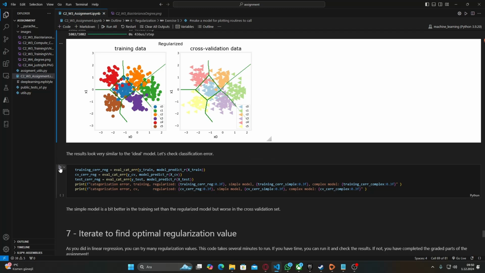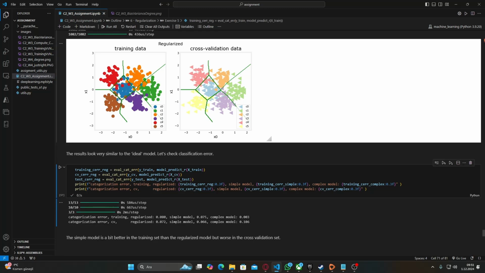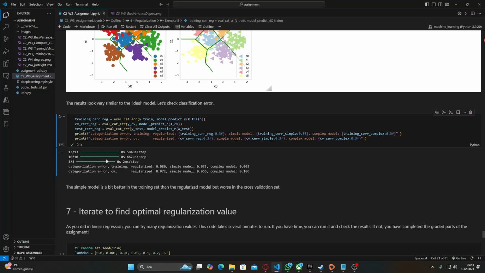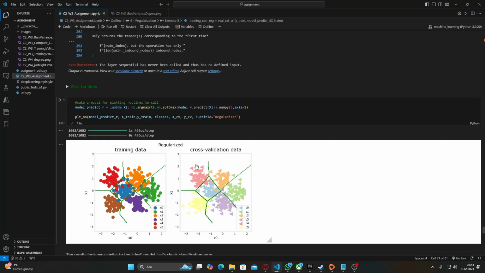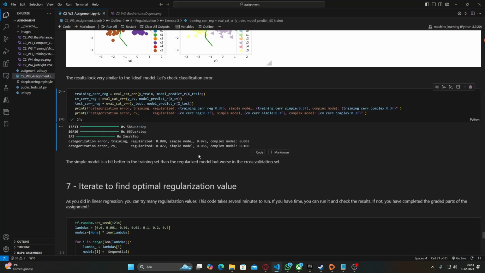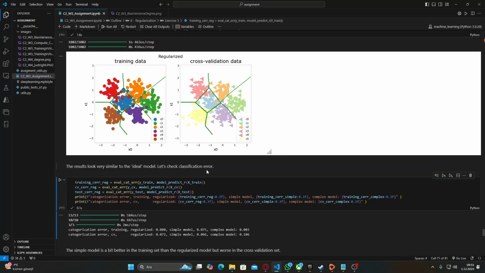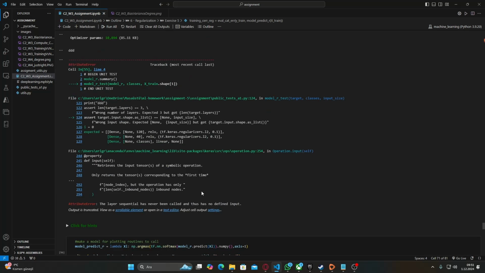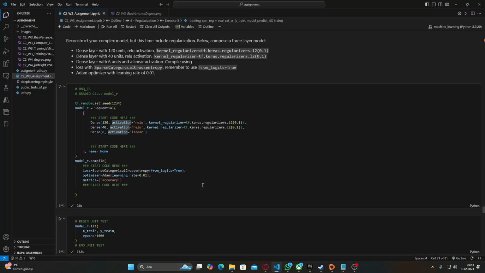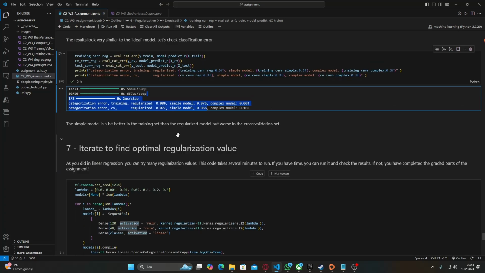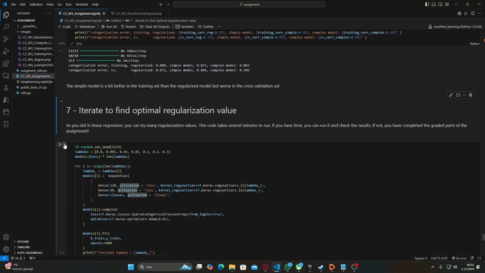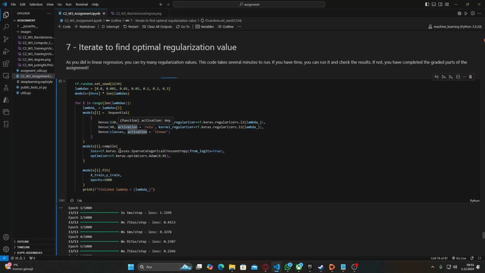Let's check the classification error. These are the classification errors, and the classification error is getting lower. The complex model is lower, but I don't remember the number for the simple model. Let me check. It's the same. Sorry, it's the same as the other one, and the iteration is in here.